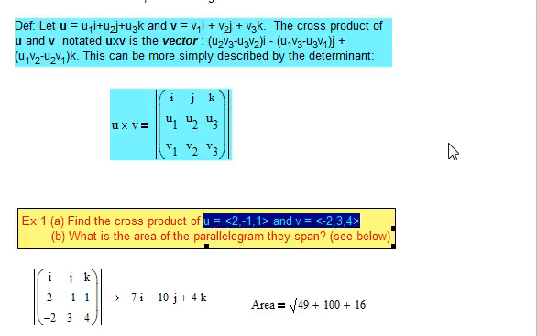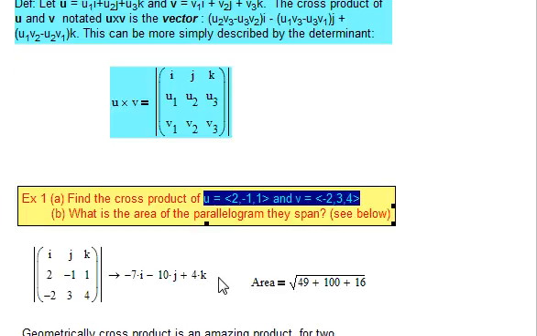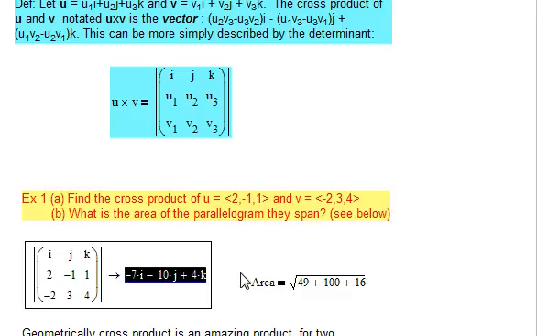But if I could find the area of that parallelogram, that is the length of the cross product vector. So a cross product geometrically is orthogonal to the two vectors you're crossing, and it has length equal to the area of the parallelogram that they span. So the length of this vector is the area of the parallelogram that they span.